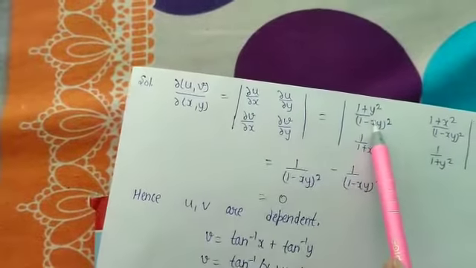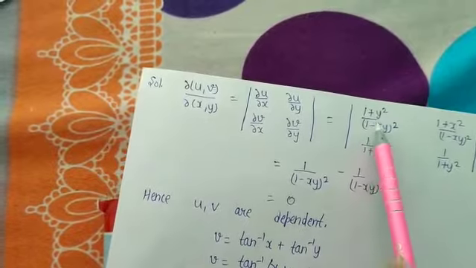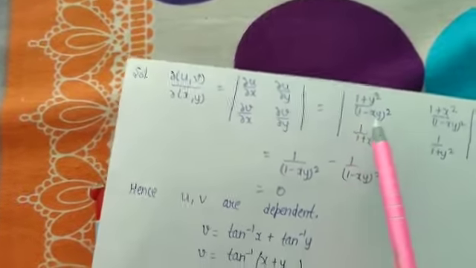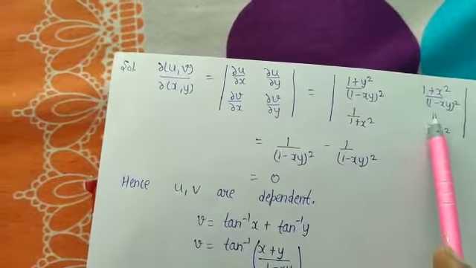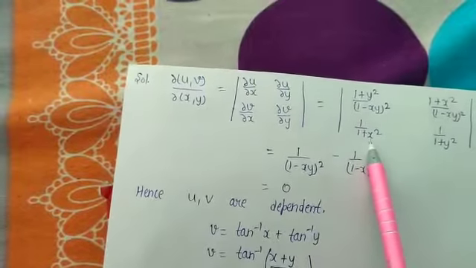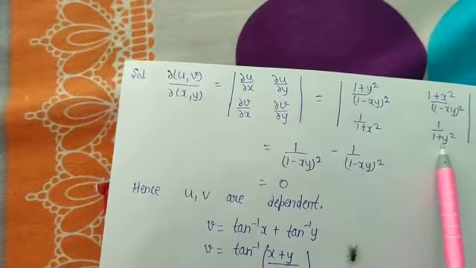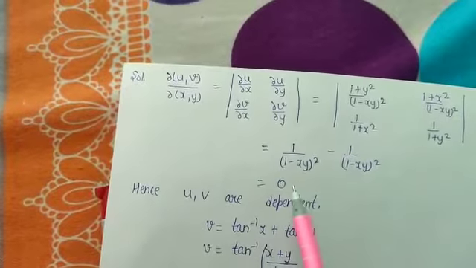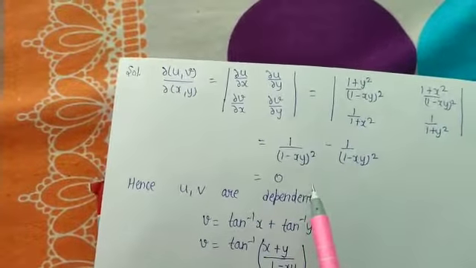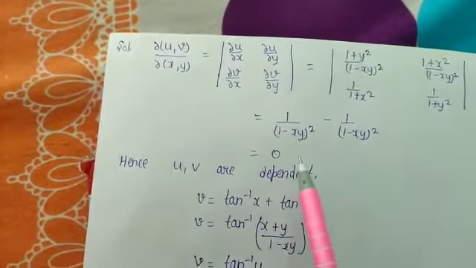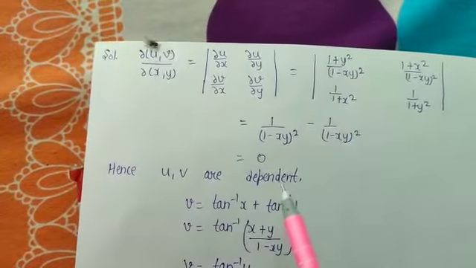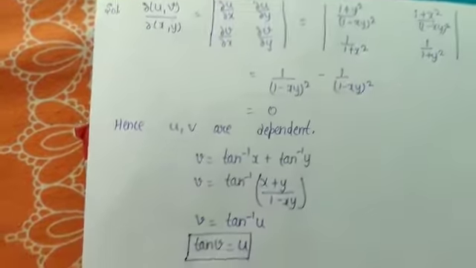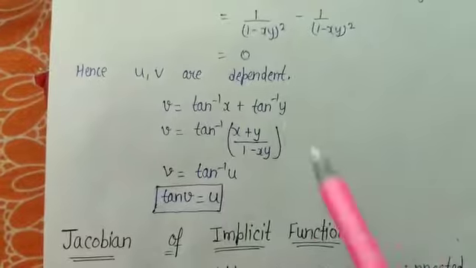So del u upon del x is given by this, del u upon del y is this, del v upon del x is this, and del v upon del y is this. After solving this determinant, we get the Jacobian of u, v with respect to x, y is equal to 0. If Jacobian of u, v with respect to x, y is 0, then we say that u and v are dependent. Now we have to find the relation between them.